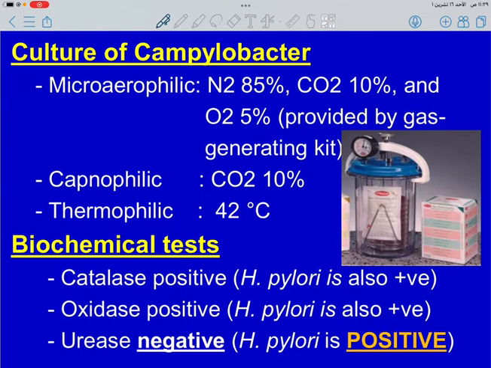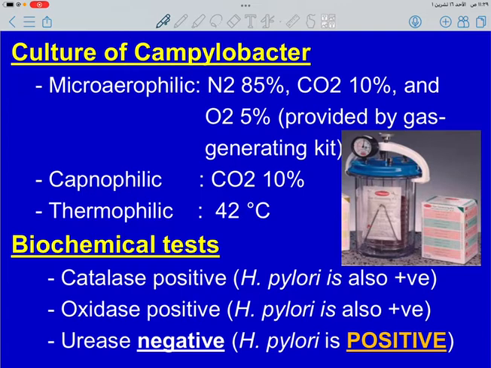This can be provided by a gas generating kit. Gas generating في ظرف هيك صغير يجي جاهز للمختبر من شركات يعني معينة. We put water in it. We cut part of the top of the sack, we put water, and we put it in the jar.